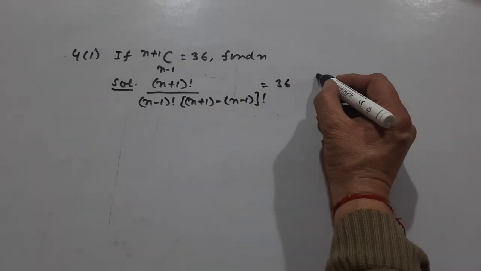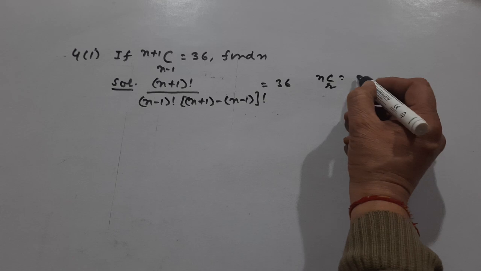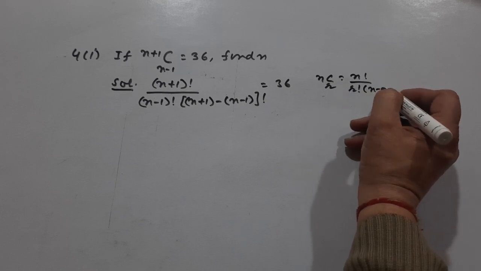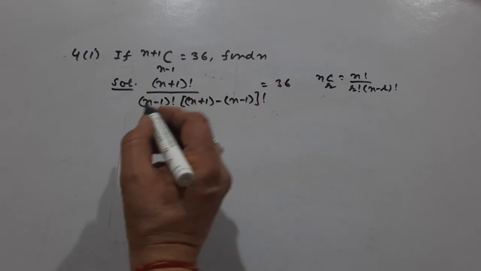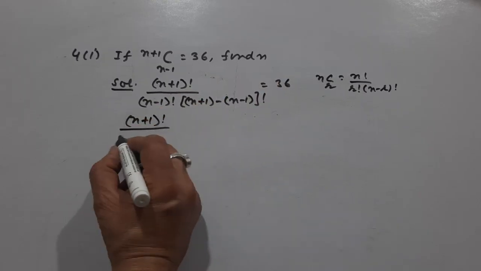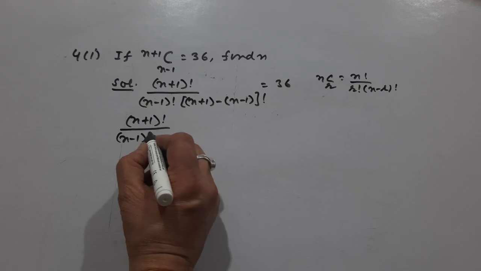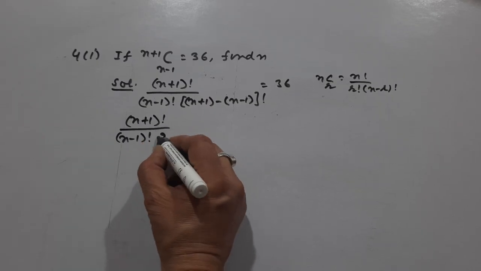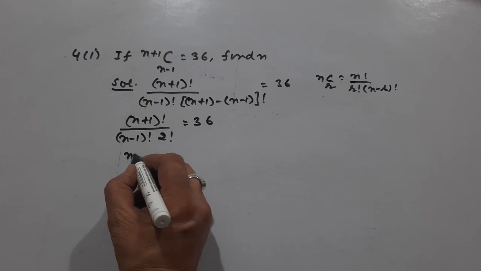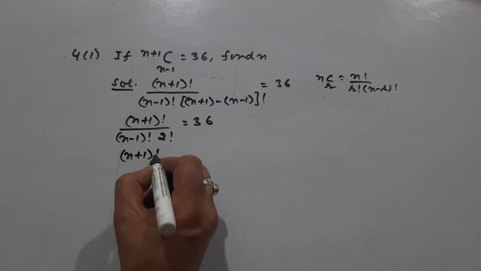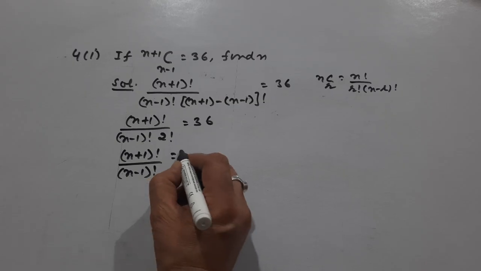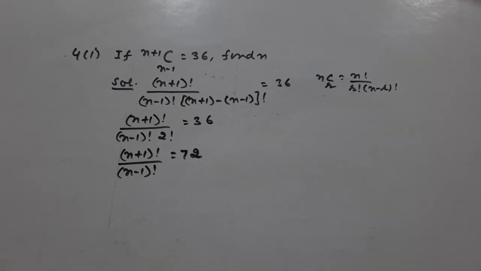We have used the formula nCr equals n factorial upon r factorial into (n-r) factorial. So we get (n+1)! upon (n-1)! and 2! equals 36. So (n+1)! upon (n-1)! equals 72.